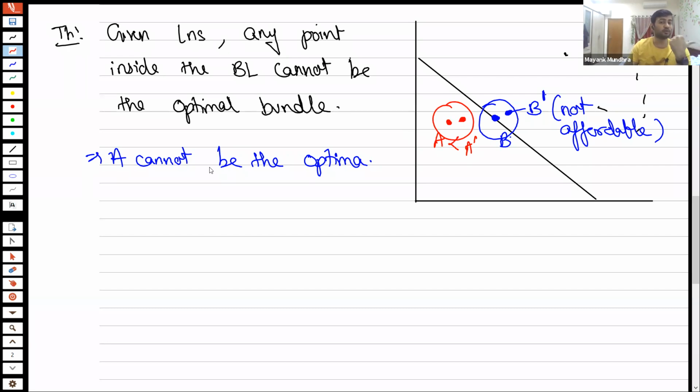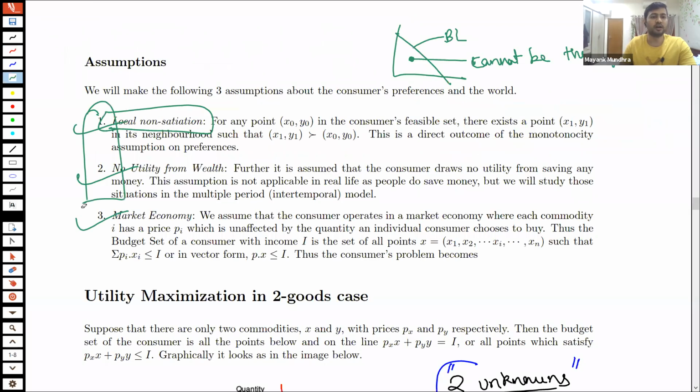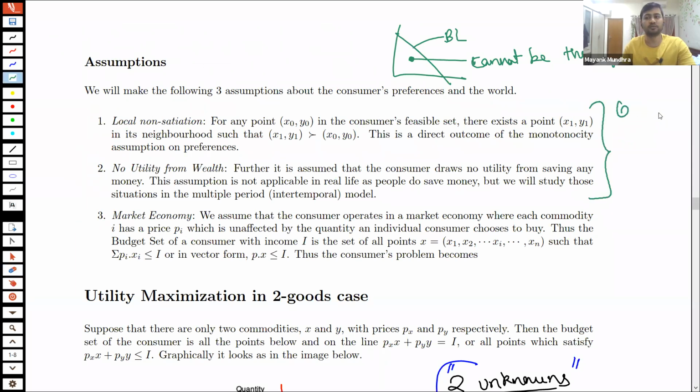Plus it is affordable. Now, given the second assumption that there's no point of saving money, if A prime is giving you higher utility, you should definitely go with A prime. Okay, so given the combination of these two assumptions, what I know is that the consumer consumes on the budget line.